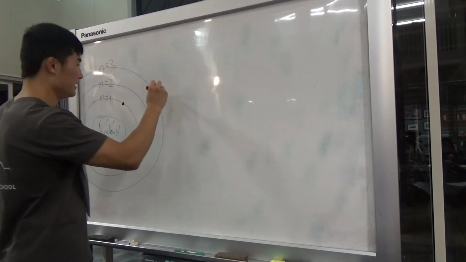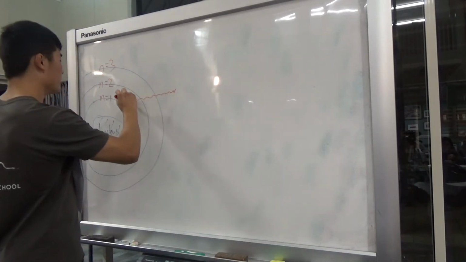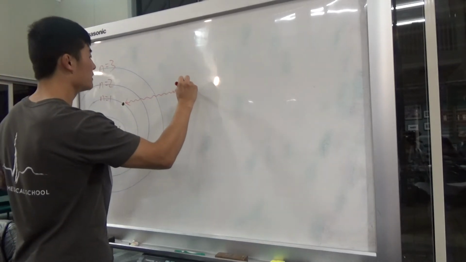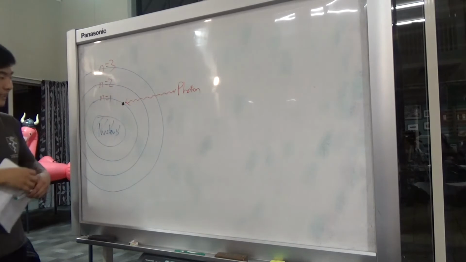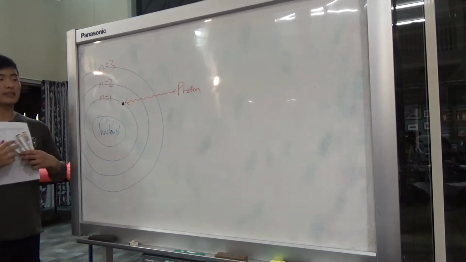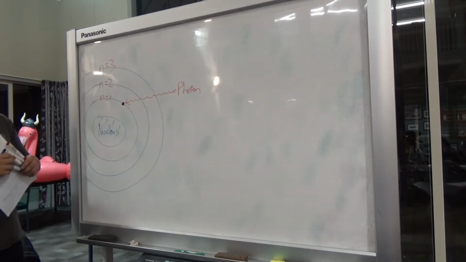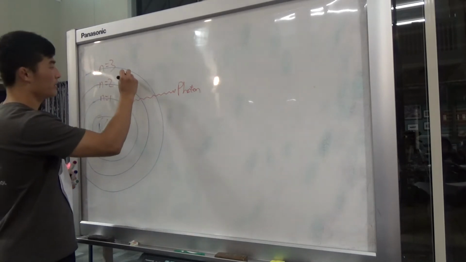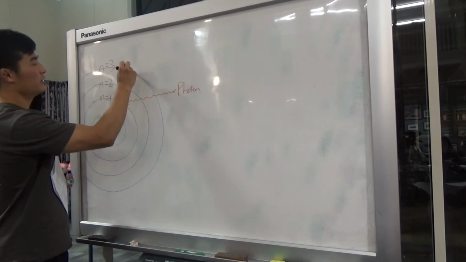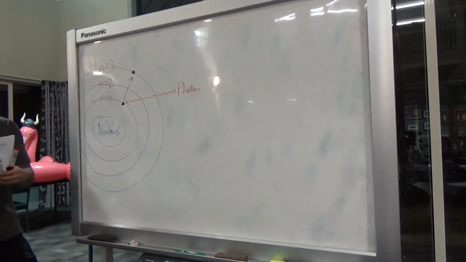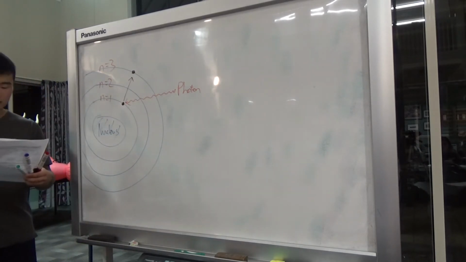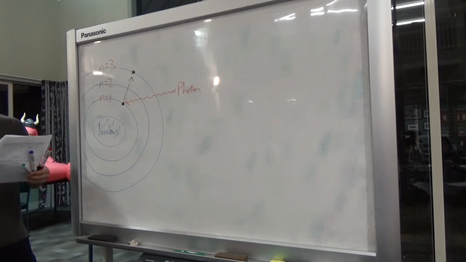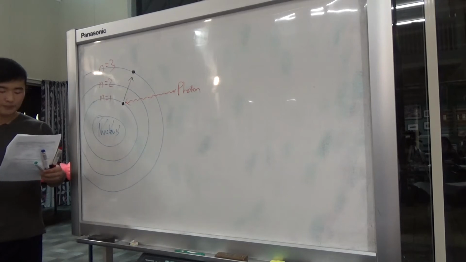A photon comes in and hits that electron, the electron absorbs that photon, so it's going to gain energy, and it goes up into the third orbital. Okay. So now what's the wavelength of the photon that's absorbed by the atom?